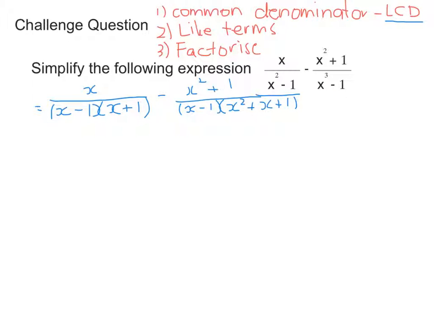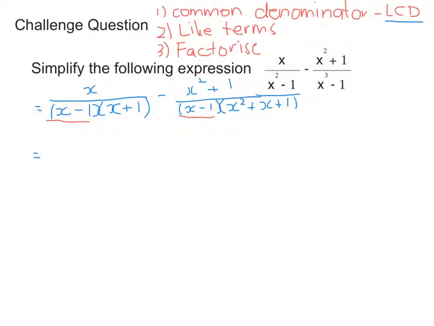Now that we've factorised, we'll be able to see the common factors between the numerators and the denominators and be able to form the lowest common denominator possible. So upon inspection, both fractions already contain this x minus 1 term.